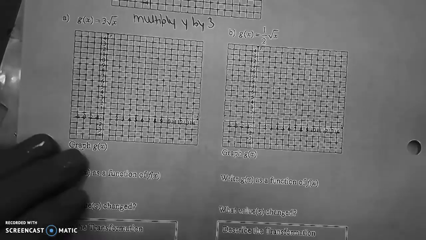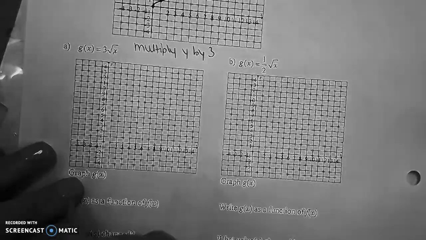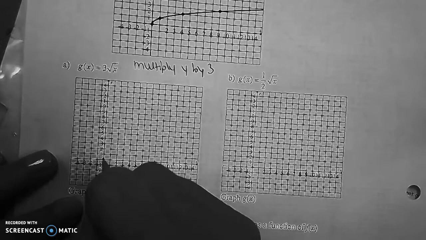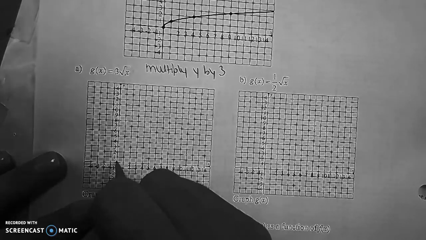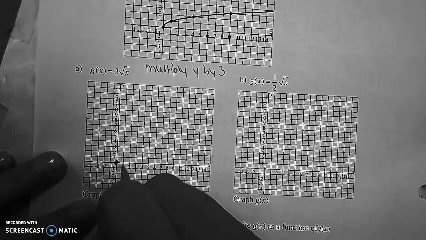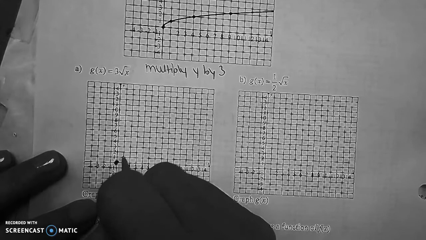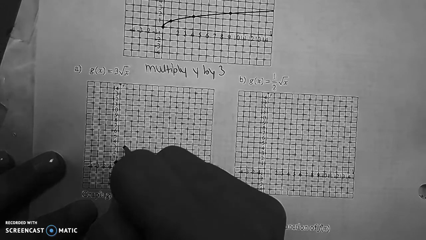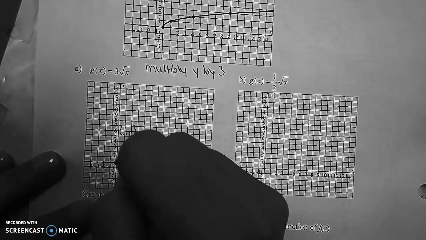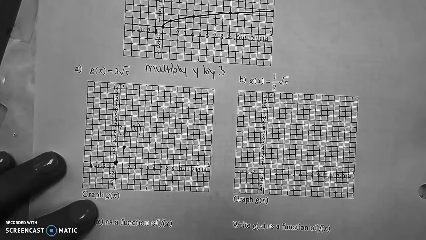So let's take our parent function. 0, 0 is on our parent function. If you take the y value of 0 and multiply it by 3, guess what? It doesn't change. On our parent function, I have the point 1, 1. The y value is 1. 1 times 3 is 3. That y value will change to 3. Notice I did not change the x.